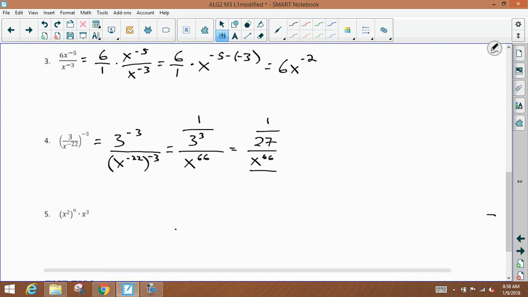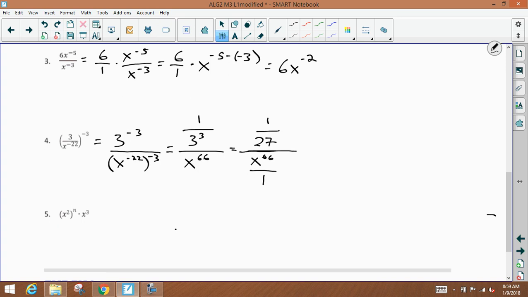I'm going to write this over 1, right? So x to the 66 is the same thing as x to the 66 over 1. Only reason why I've done that is because it helps me to see when I flip and multiply. If we make this one a little bigger, that says 1/27 divided by x to the 66 over 1.